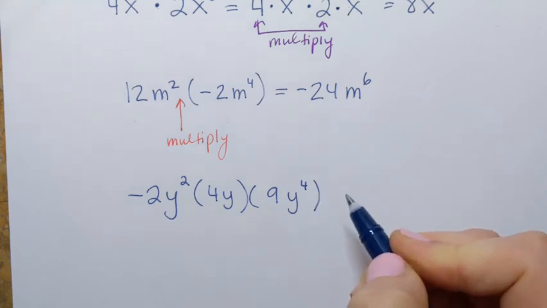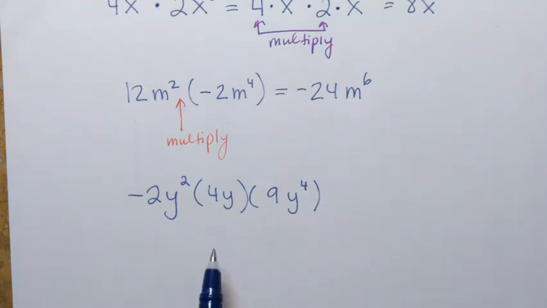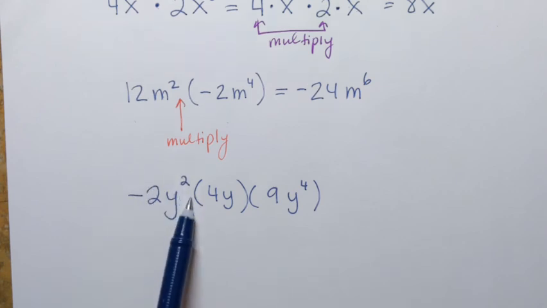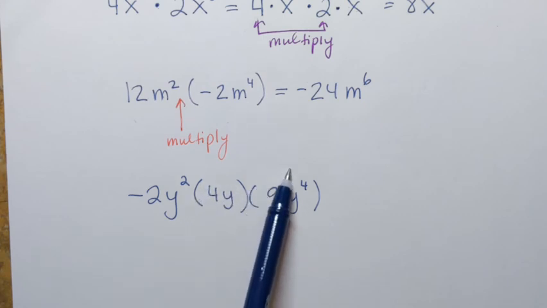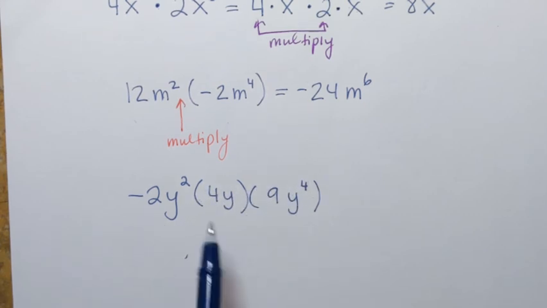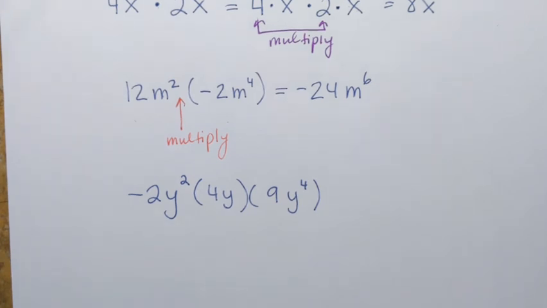How about that? Now, as I look at this example, I can see 3 monomials, right? The first one is negative 2y squared, the second one is 4y, and the third one is 9y to the 4th. We also can observe that there are no symbols in between those monomials, right? So they're all glued together. It means that that's all multiplication.